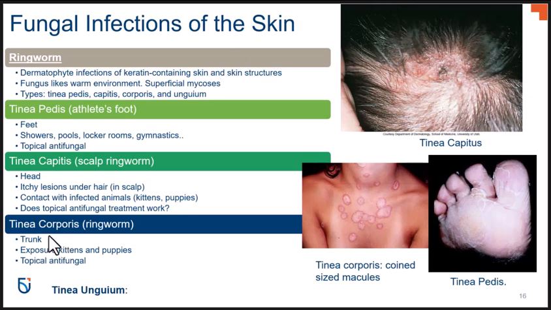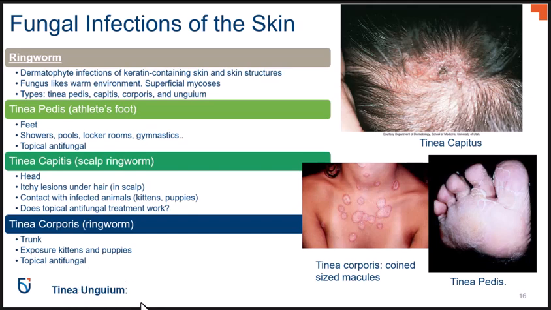Tinea corporis refers to the trunk. This could be trunk ringworm or body ringworm. Can also sadly be caught by exposure to infected kittens and puppies, and topical antifungal treatments do tend to work. And then finally, tinea unguium. Please make note that this is a fungal infection affecting the nails.